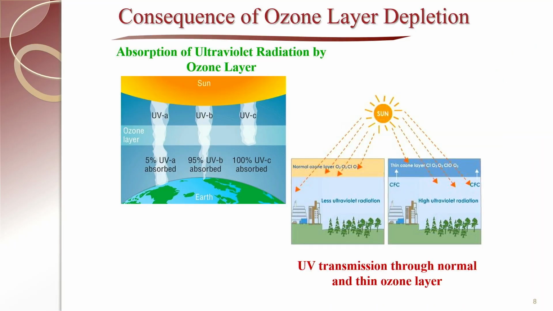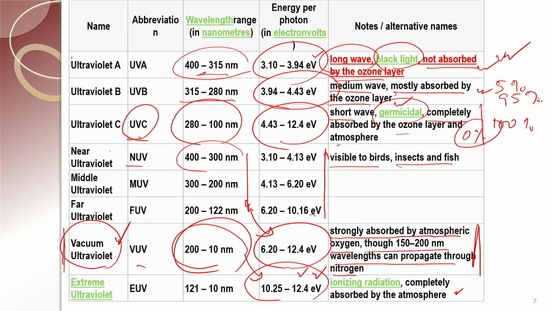Now, you can see how the different types of UV ray are getting absorbed. So, here it shows UVA. So, UVA with higher wavelength and lower energy.